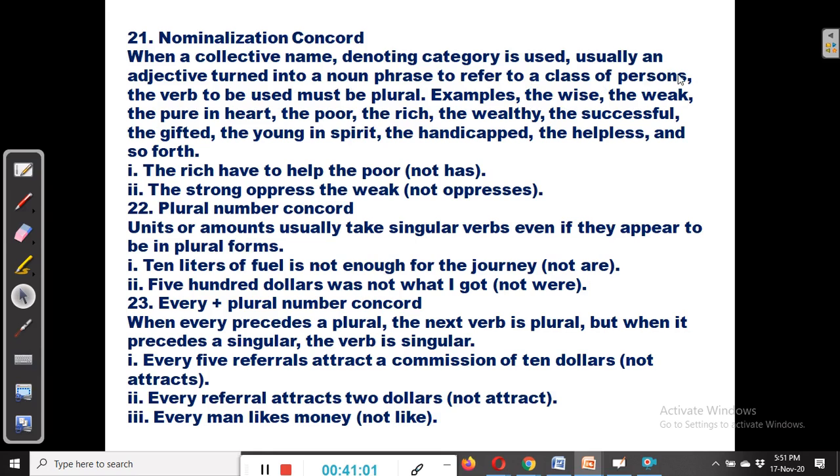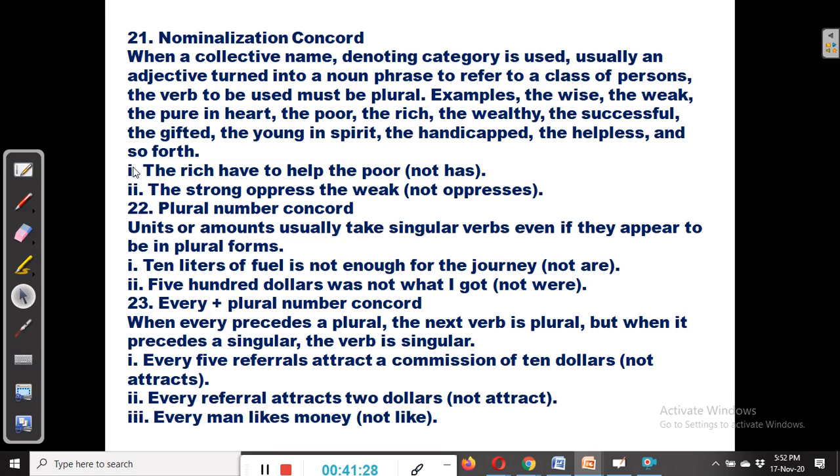Examples: the wise, the weak, the pure in heart, the poor, the rich, the wealthy, the successful, the gifted, the young in spirit, the handicapped, the helpless, and so forth. All these are nominalizations. Of course, some people call the concept categorization Concord.